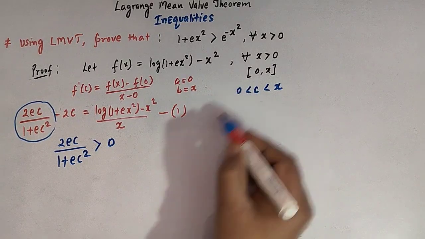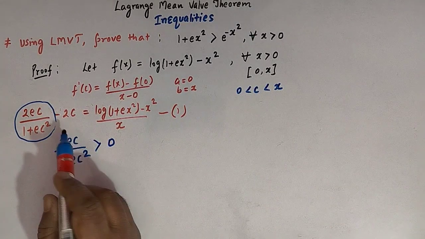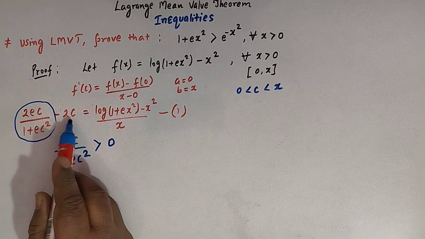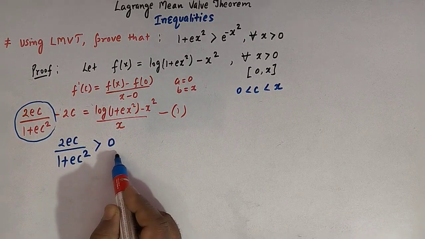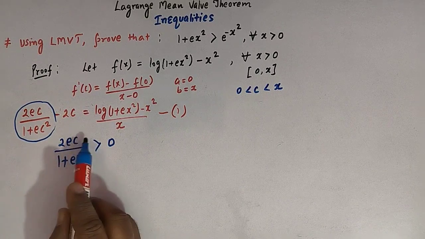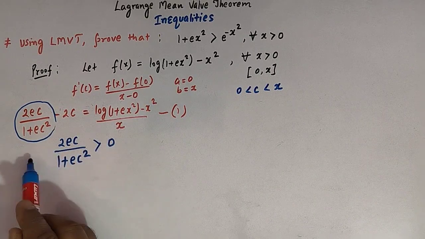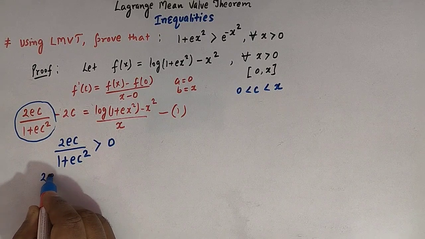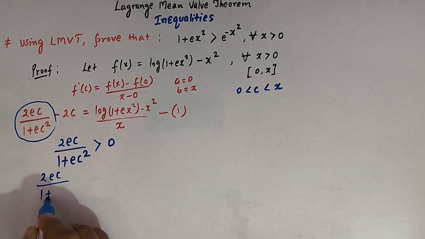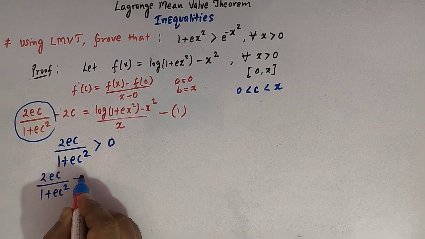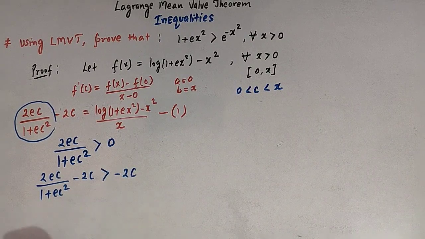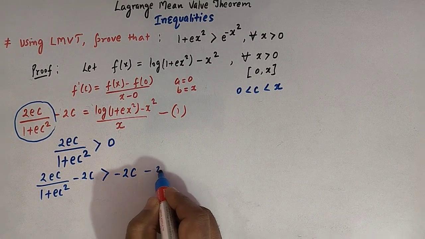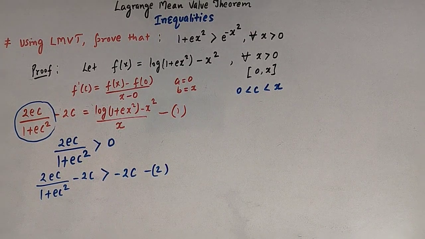Because c is greater than 0, right? Now let us subtract 2c on both sides. So we'll get 2 times e^c divided by 1 plus e^c squared minus 2c is greater than minus 2c, right? So now we have this inequality.